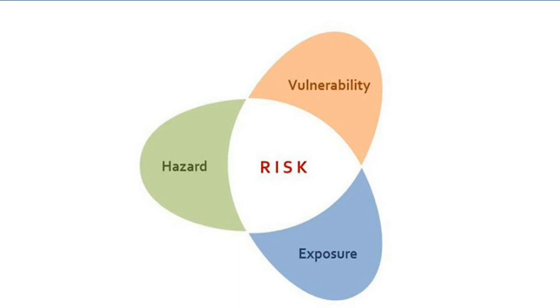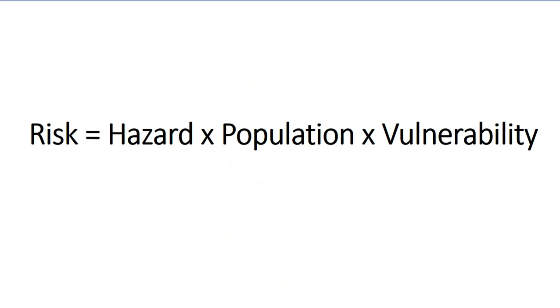So we can say that elderly people or people with disability are more vulnerable when it comes to hazards. They cannot simply escape flooding or earthquakes unless given additional aid. The simple interplay of these factors gives us this equation: risk is equivalent to hazard multiplied by population multiplied by vulnerability.